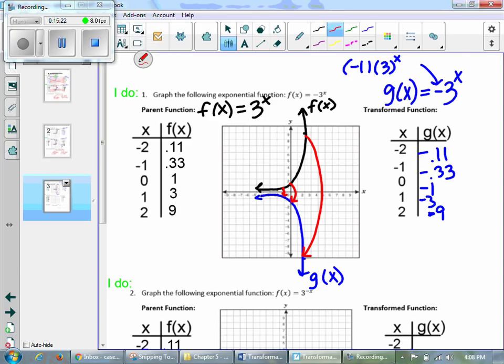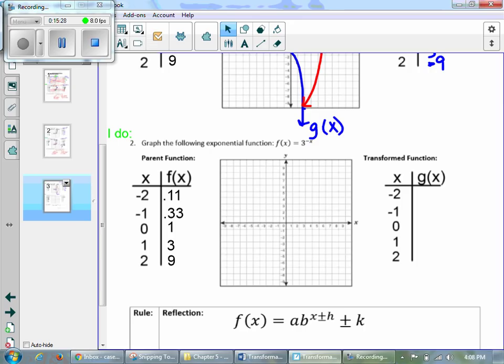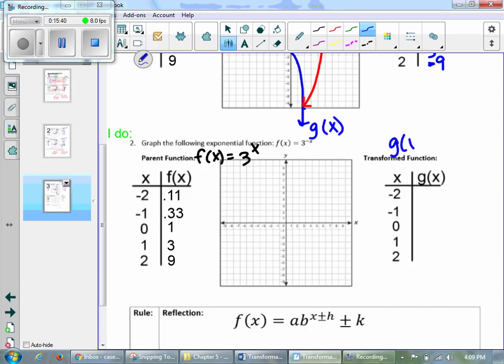Let's try number 2. Number 2 is a little bit different. It looks almost identical. The parent function, f of x, equals 3 to the power of x. And the transformed function would be the new one. G of x equals 3 to the negative x. Wow.